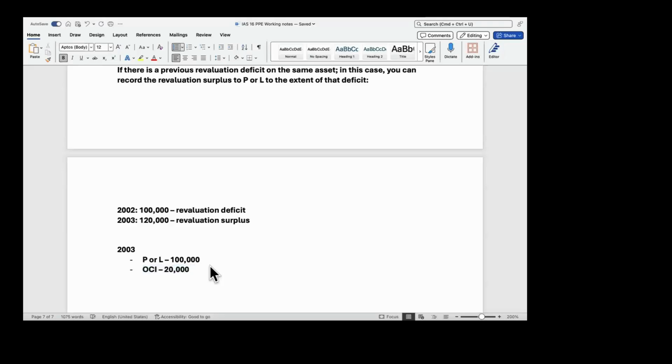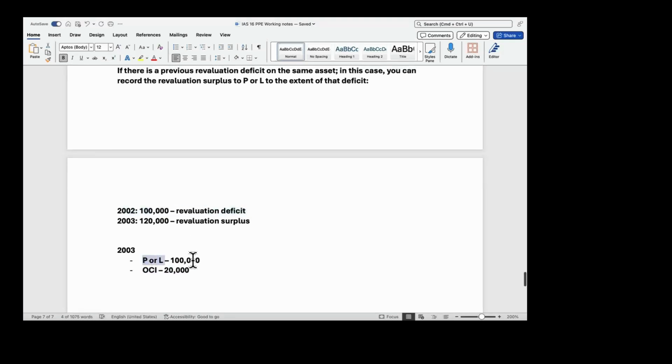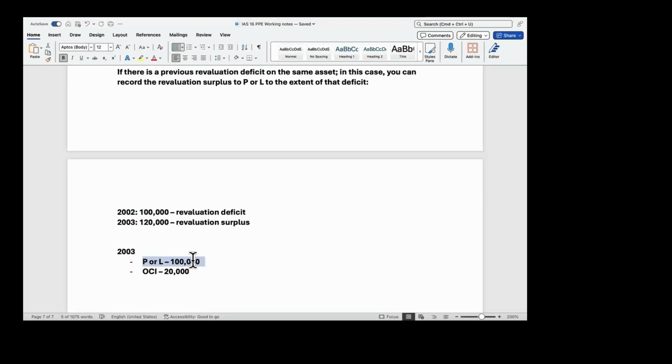But because there was a previous deficit of 100,000, for that reason, we would have to net off that deficit first by taking an amount to the extent of that deficit to P&L. In this case, it is 100,000. So out of this 120, we net off 100,000 of it against the previous deficit. Then the remaining 20,000 can go to OCI.